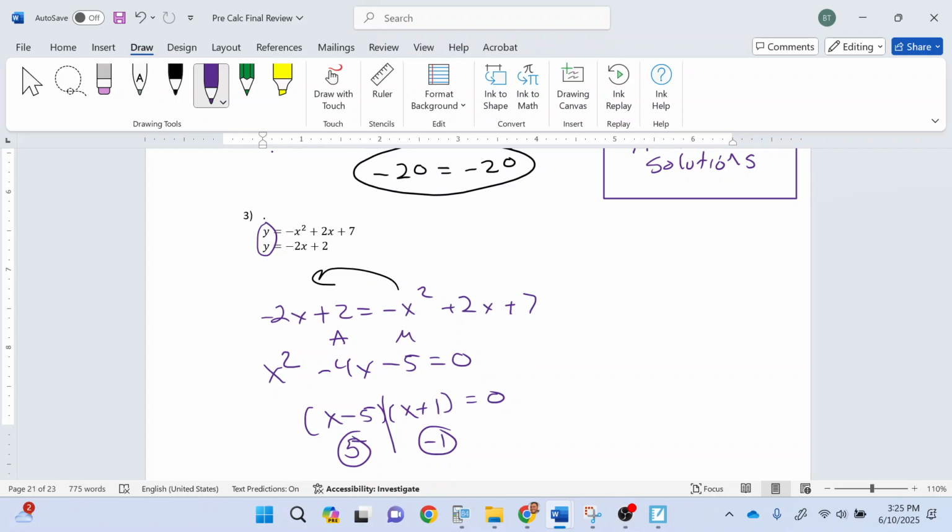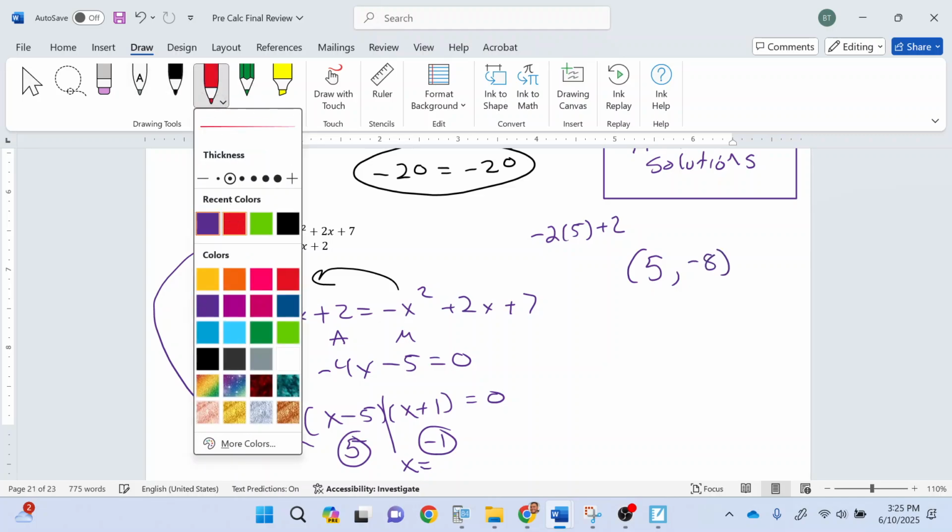Because I get positive 5 and negative 1, what I'm going to do is take those two answers and plug them into either the bottom or the top. In this case, I'm going to plug them into the bottom. But remember, these are x's. So I'm going to get two sets of solutions. 5 comma, when I plug it in here, negative 2 times 5 plus 2. So negative 10 plus 2 is negative 8.